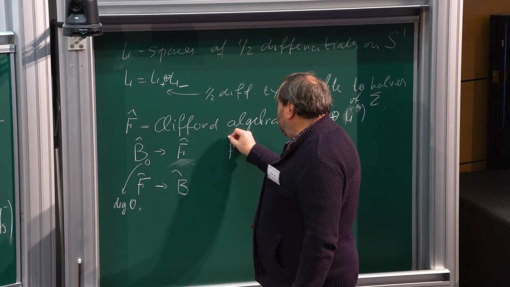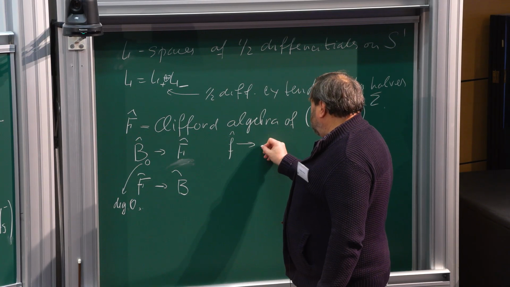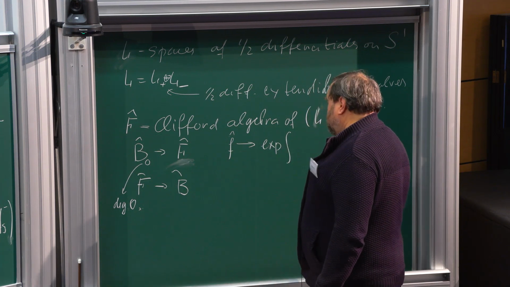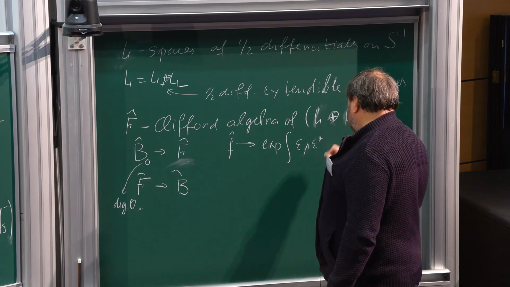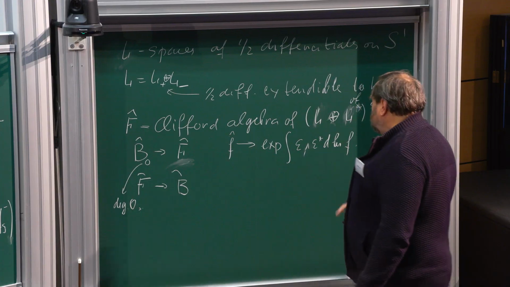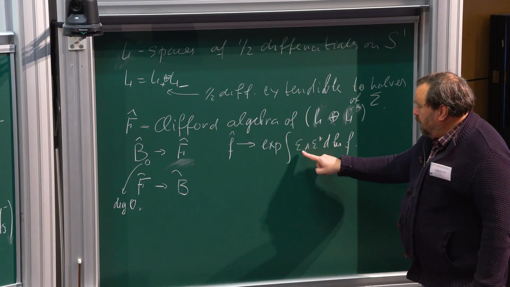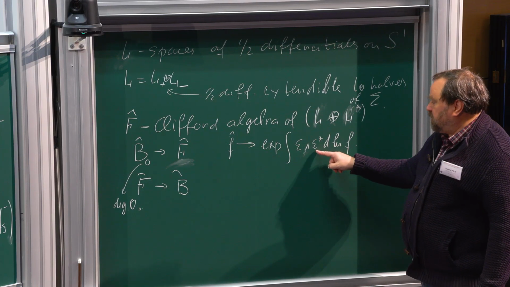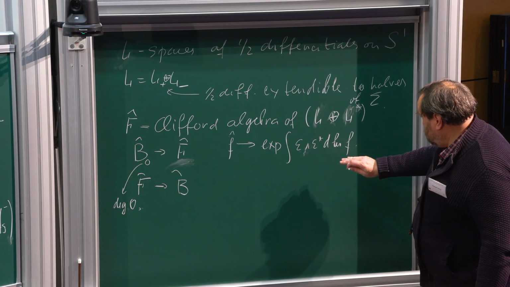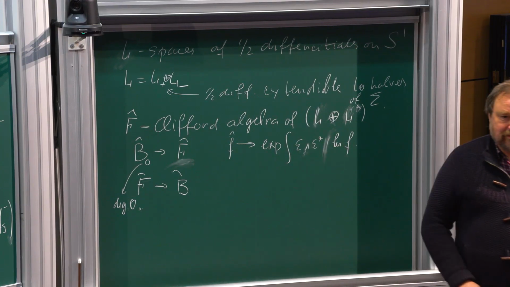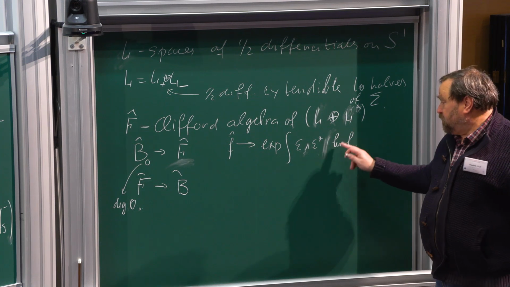You take the function f and you send it to x to the integral of epsilon wedge epsilon star d log f. The log f is well defined because the degree is 0, and epsilon is just a skew-symmetric form. Epsilon times epsilon star is already one differential, so you multiply it by a function.